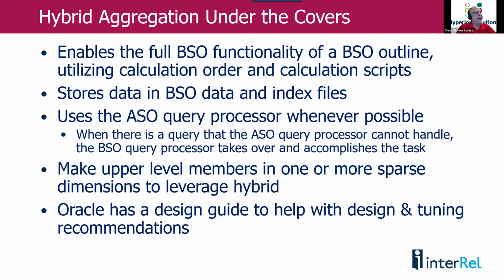And if it's hybrid enabled, then it's going to take advantage of that second calculation engine in the ASO query processor. So based on how you have it set up, if it thinks it can use the ASO optimizer, it will. If it can't use it, it will turn it back into a BSO mode cube. And depending on how we have things set, it can actually impact our performance tremendously.